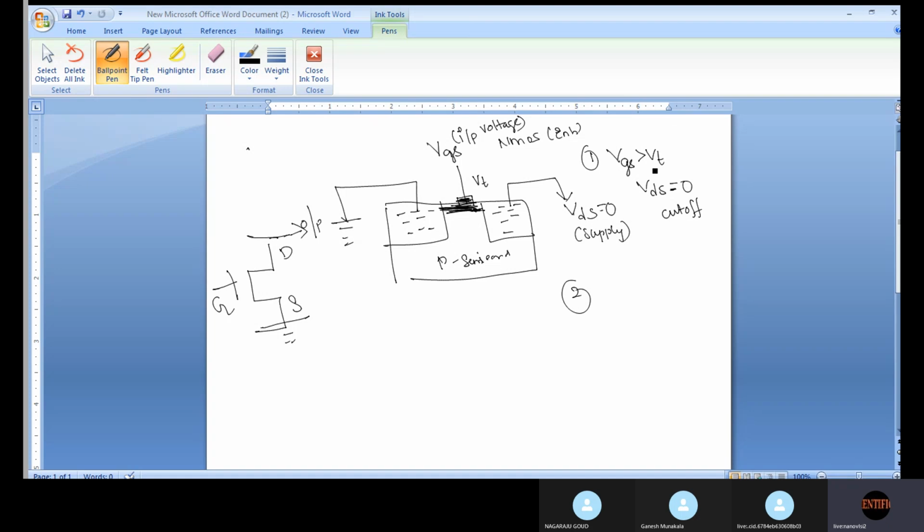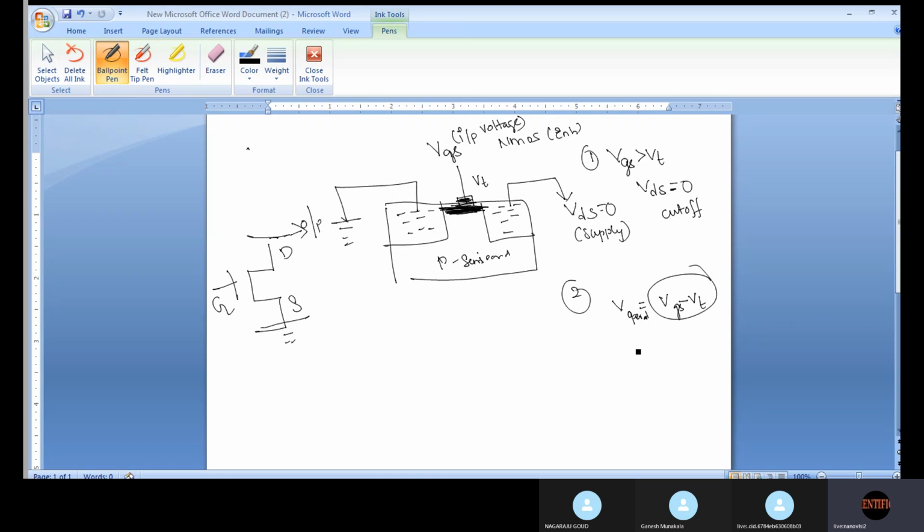Next, I told you VGS greater than VT, then only the channel is formed. Whatever the input voltage is, we need to subtract the threshold from the input voltage. This will be the operating voltage. With this much VGS minus VT operating voltage, the channel will be formed.